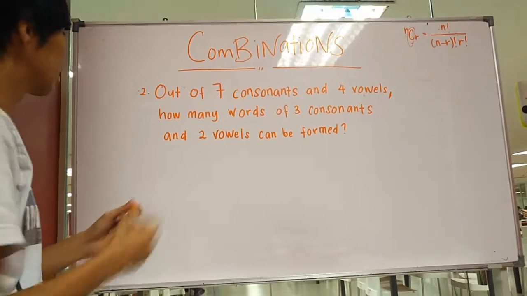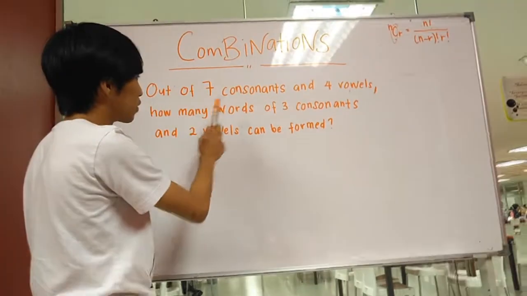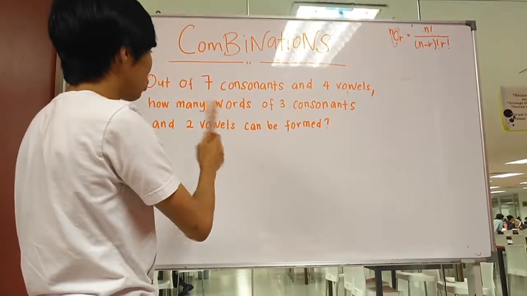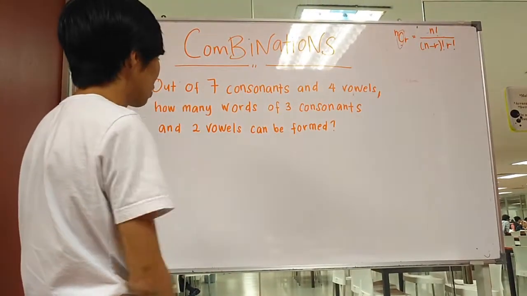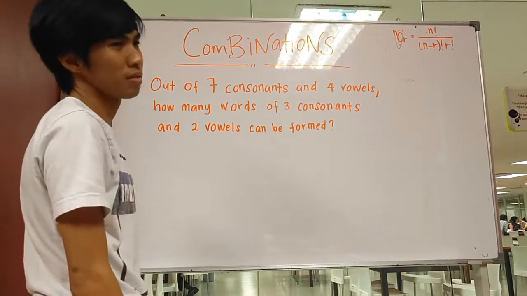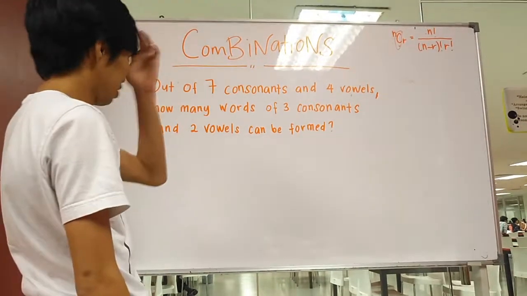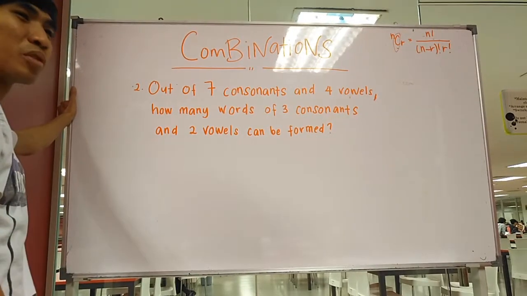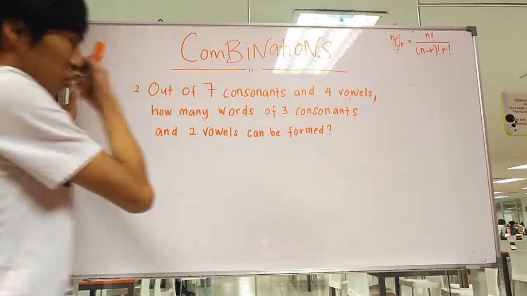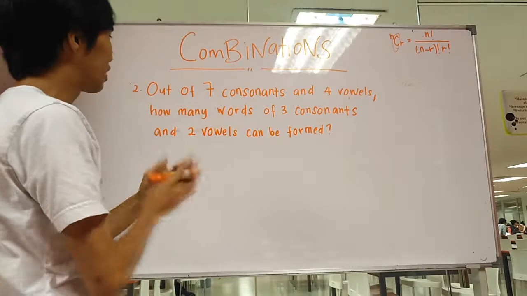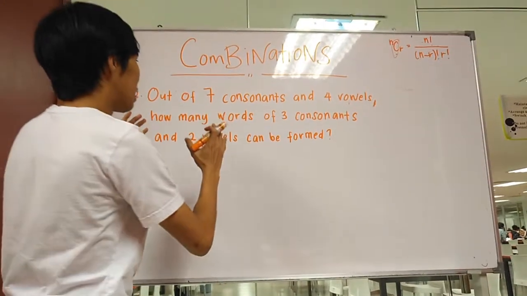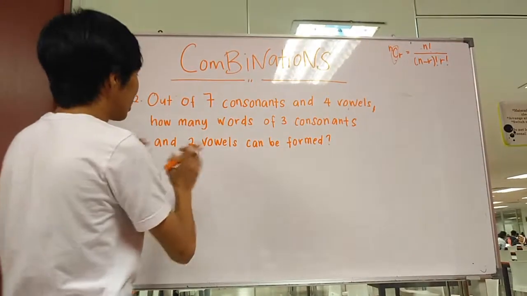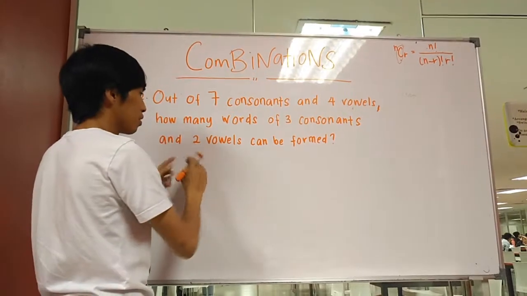This is a very tricky question. Out of 7 consonants and 4 vowels, how many words of 3 consonants and 2 vowels can be formed? Before that, do you know what type of question this is? I think it's more like combination. Combination is a selection of things.